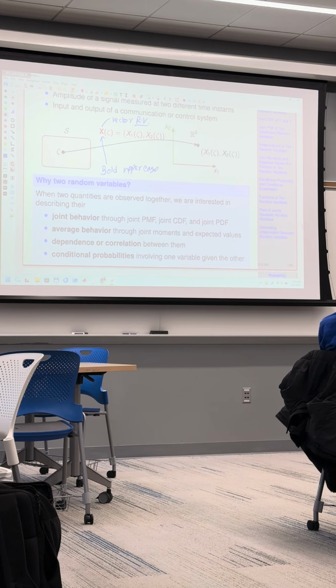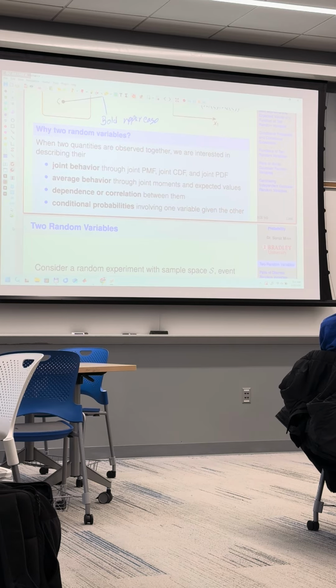If we work with three random variables, it's three-dimensional space. If we work with four random variables, four-dimensional space, and so on. You guys got it? So, why is it important?